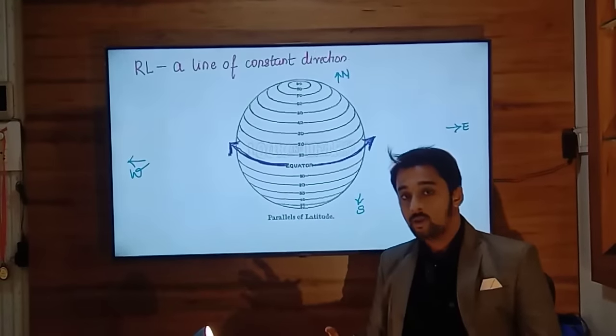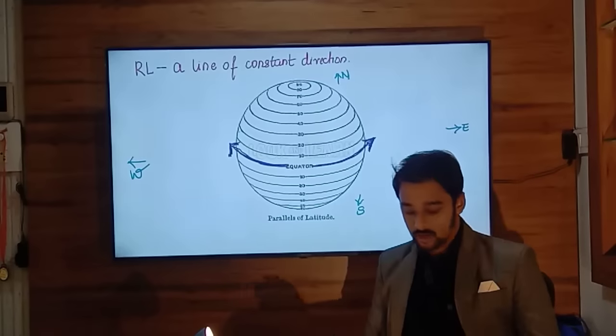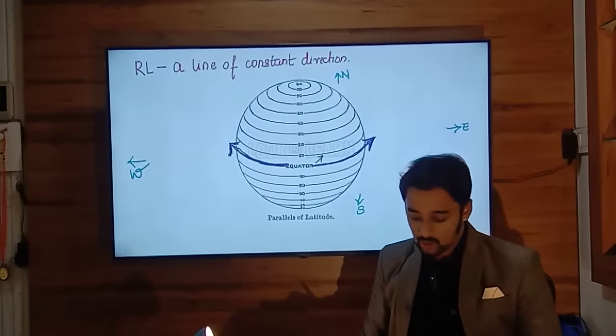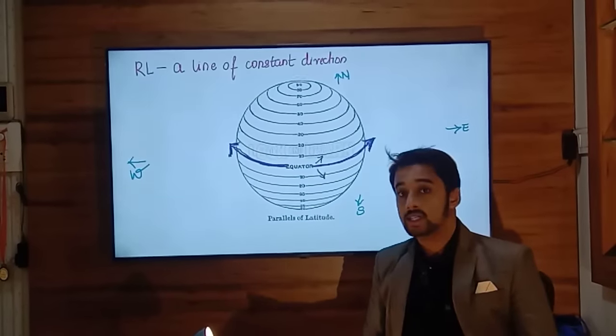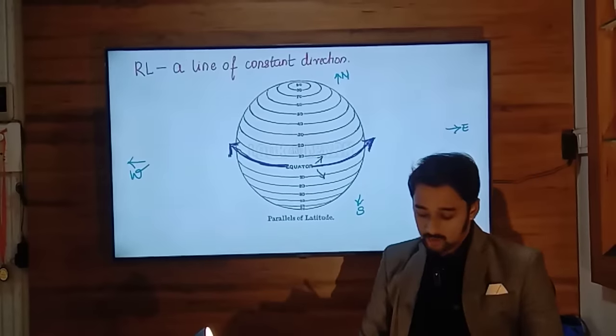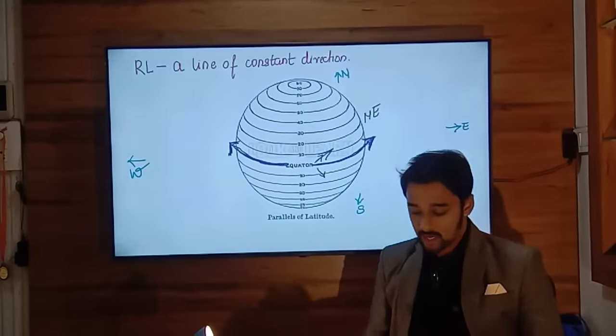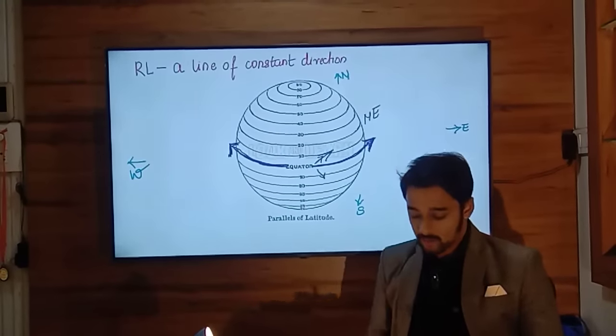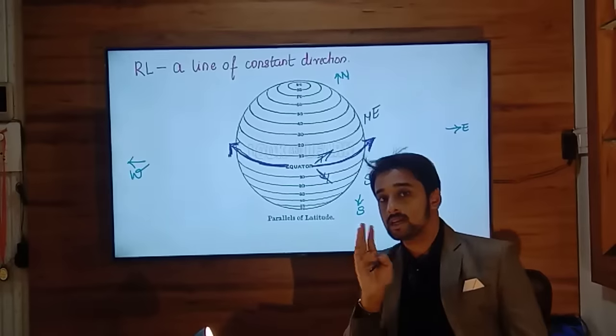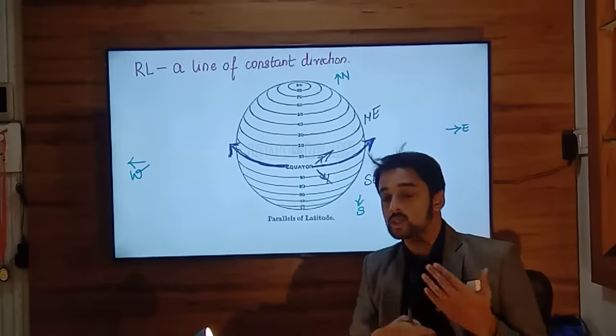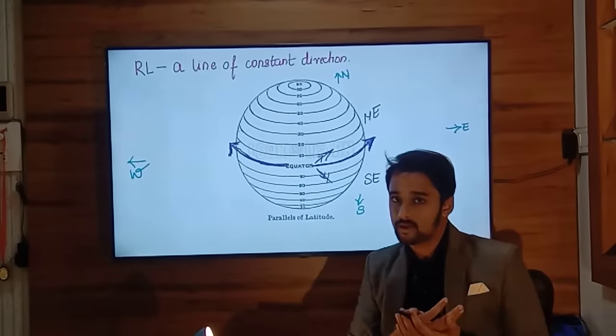If you divert from this latitude, if you go a little bit north or a little bit south, your direction changes. If you go a little bit north, it will become a northeast direction. If you go a little bit south, it will become a southeast direction. So you were initially following an easterly direction, then it changes to northeast, southeast, whatever.